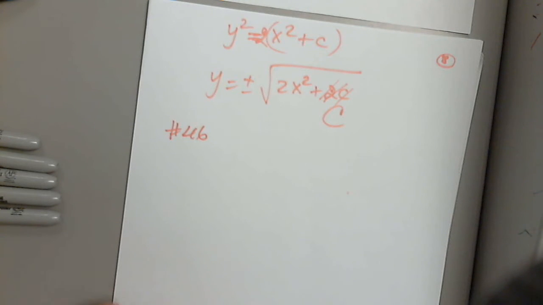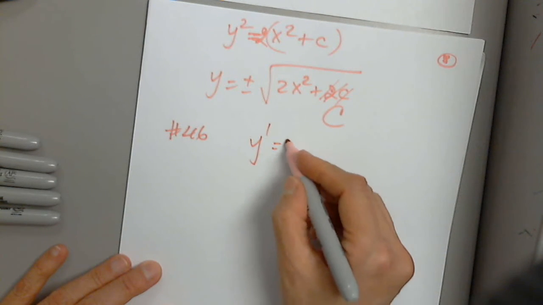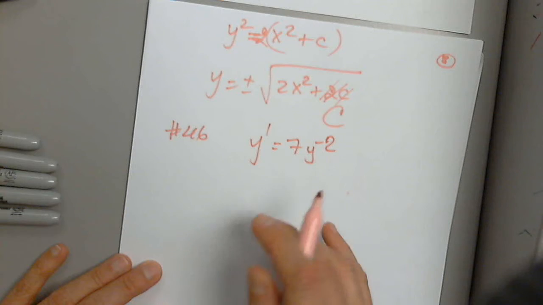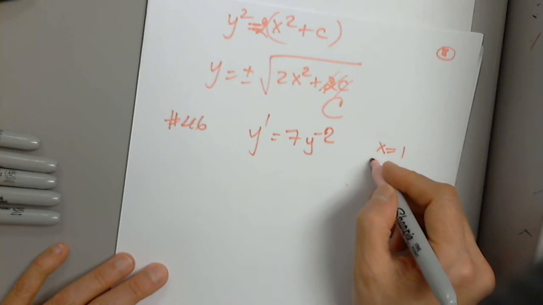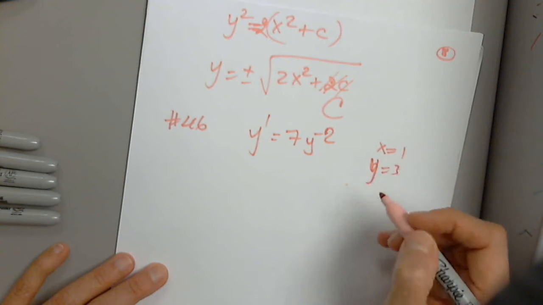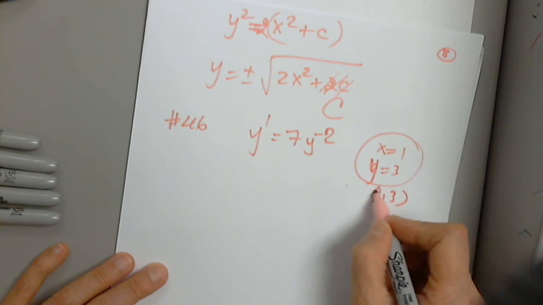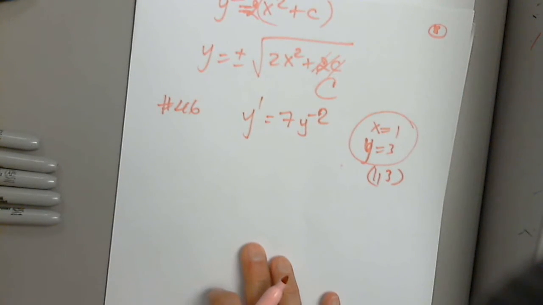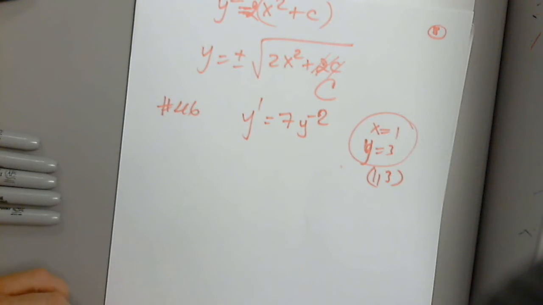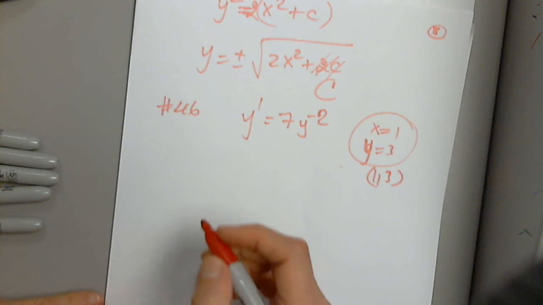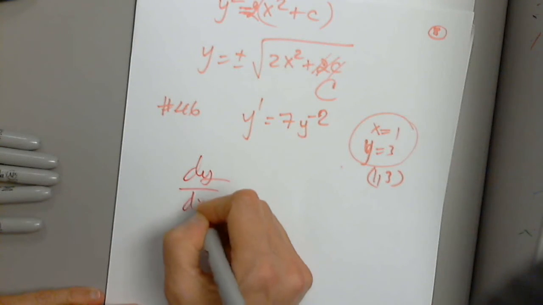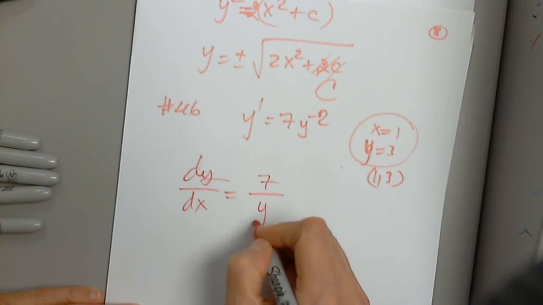Okay. Good. 46: y prime equals 7y to the negative 2. And we are told that x is 1 and y is 3. As a point, of course, (1, 3). So first I go to y prime, which is dy over dx, equals 7 divided by y squared.